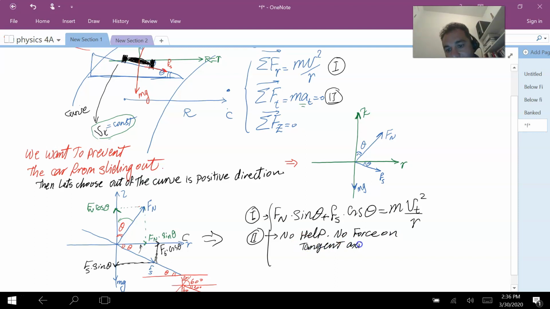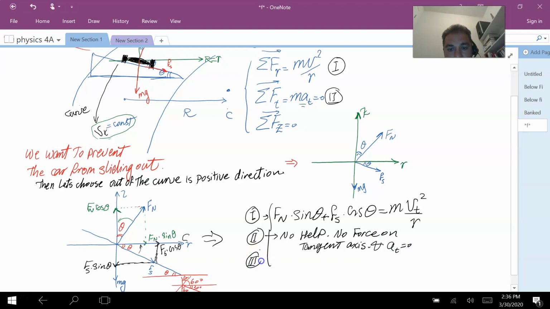Of course, we do have friction, but we assume that friction is not in the game, because the friction force toward the aft of the curve is important for us. That's the cause to slide out far from the curve. And also, AT is 0. So this doesn't help me.